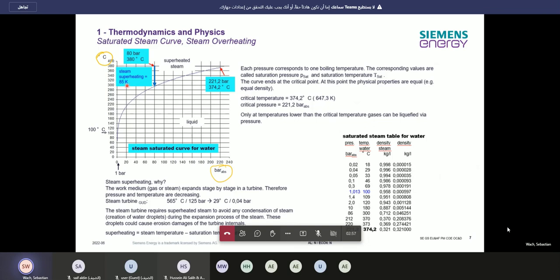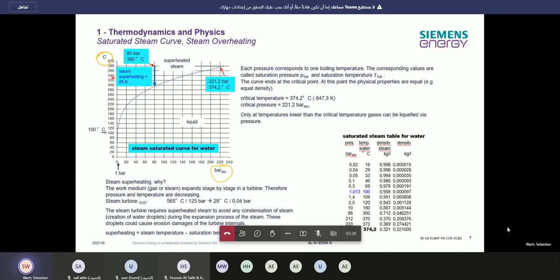These 85 Kelvin are important when we want to start up the steam turbine. There you need to have a certain superheating value in the criteria for the boiler, and this value needs to be normally above 20 Kelvin or above 30 Kelvin.